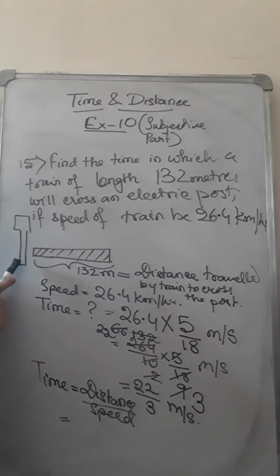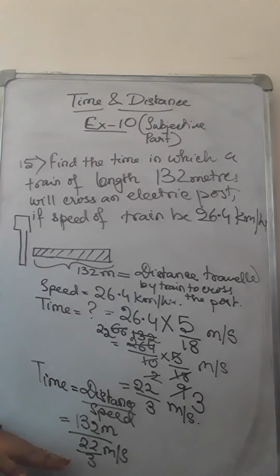Because I said when you cross a standing object, the distance covered equals the length of the train over here. So 132 meters. And what is the speed given? Speed was given in kilometers per hour. We have changed it to meters per second. So it will be 22 by 3 meters per second. And if we solve this, we will get the time. And what will be the unit? Obviously it will be second, because both distance and speed are given in lower unit.